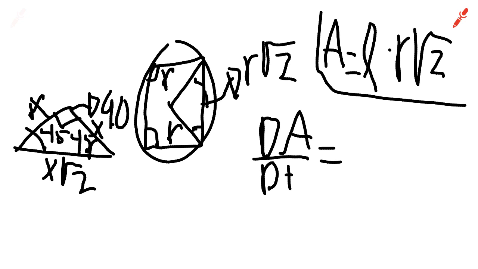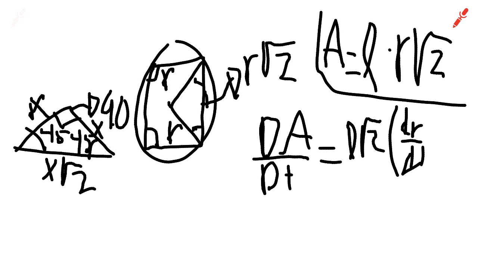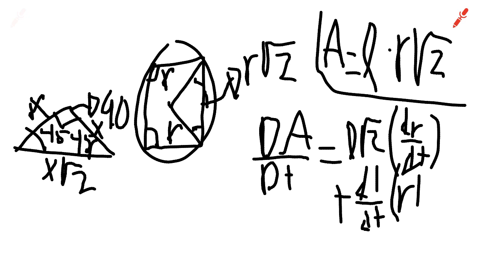So we have L times the square root of 2 times dr over dt, all summed with dL over dt times r times the square root of 2.